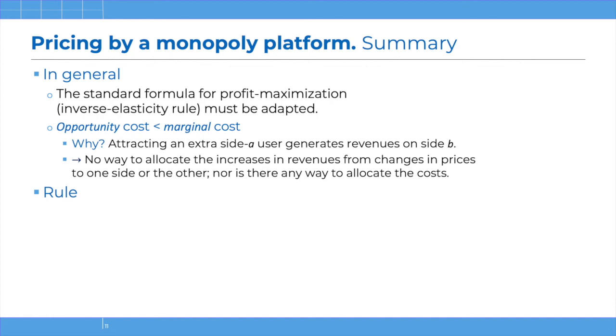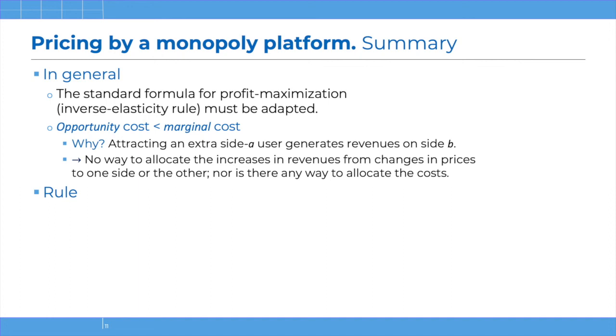Well, the true cost of attracting this extra seller is 10 minus 3, which is 7, and not 10. So this is very important. The idea of adapting prices to the price elasticity of demand is still there, but you need to reevaluate this rule by looking at the right costs, the opportunity costs, which, because of cross-group network effects, are lower than the marginal costs you can derive from your cost structure.